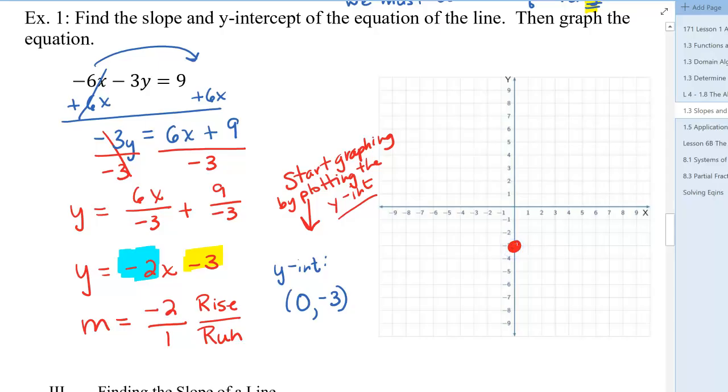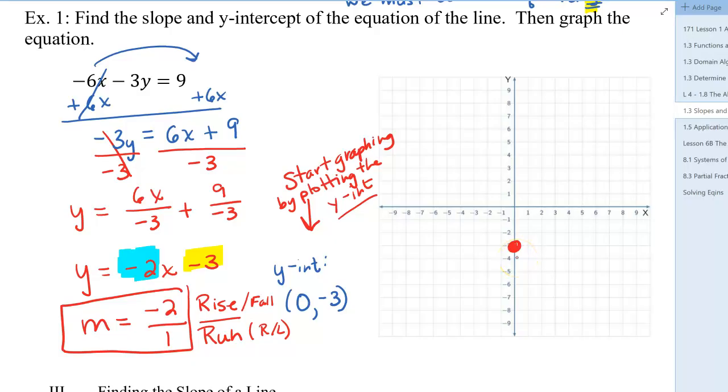Now I need at least one more point to be able to graph this. Well, you really only need one point, but because I don't draw very well, I'm going to put more than one. What I call walking out the slope: the top number tells you rise or fall, depending on whether it's positive or negative, and the bottom number tells you right or left, depending on whether it's positive or negative.